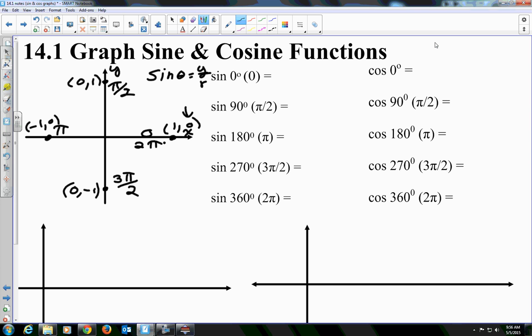So, sine of 0 is 0. Sine of 90 degrees, or pi over 2, is 1. Sine of 180 degrees, or pi, is 0. Sine of 270 degrees, or 3 pi over 2, is negative 1. And sine of 2 pi.